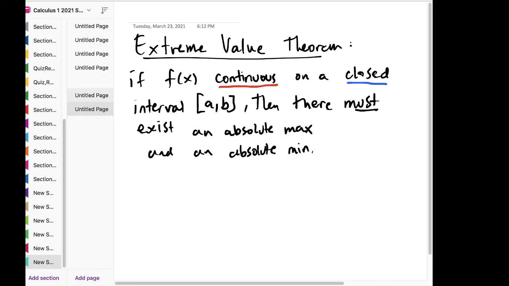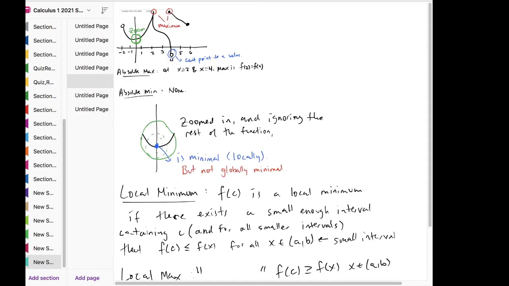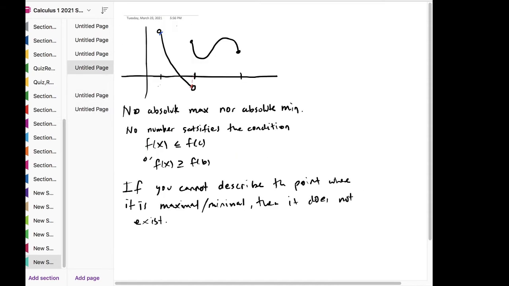Okay, so this one didn't have an absolute max or an absolute min, right? Why does this not obey the extreme value theorem? A couple of reasons why it doesn't.